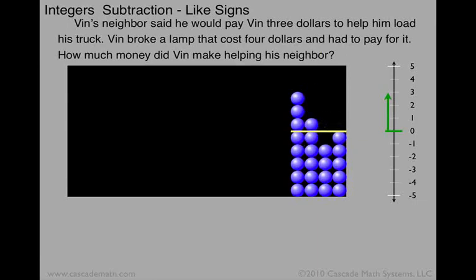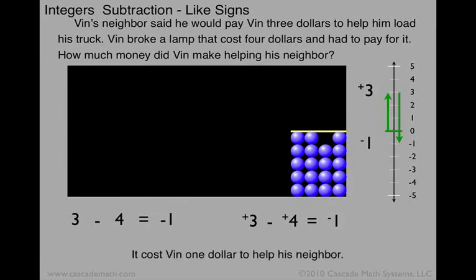Positive 1, negative 1. I now had 4 positives to take away. Positive 1, positive 2, positive 3, positive 4. Since I had one negative left, positive 3 minus positive 4 equals negative 1. It cost Vin $1 to help his neighbor.